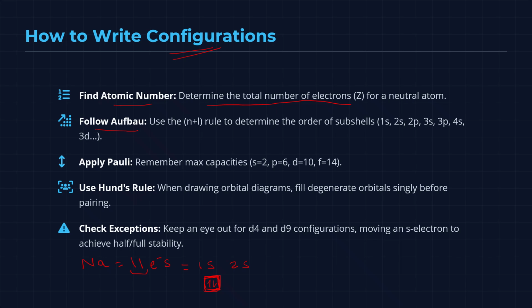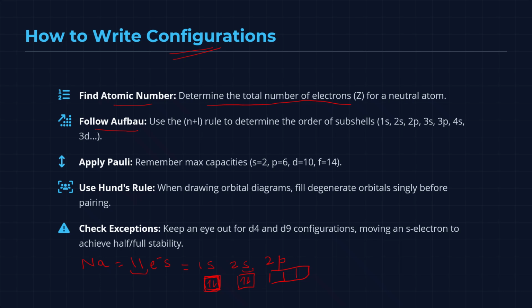Now here is the 2s orbital. 2s orbital, again s subshell. The s subshell has again one orbital. One orbital can have a maximum of 2 electrons. I have filled here 2 electrons. Now after 2s, the Aufbau principle shows that the next orbital comes, that is 2p. Now 2p has 3 orbitals. Here we will write 3 orbitals.